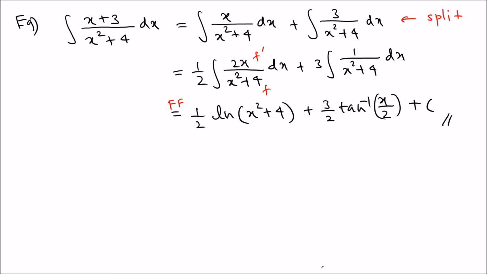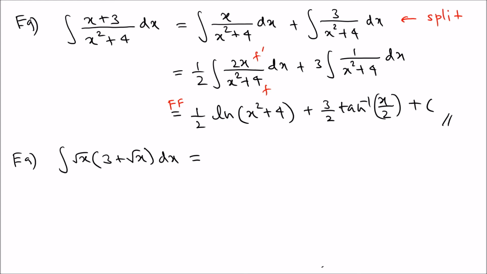Okay, so let's do another one. How about this problem? Let's say we're going to do square root x times 3 plus square root x, something like that. When you see this problem, you can see this is a product. Unfortunately, there is no product rule in integral calculus.